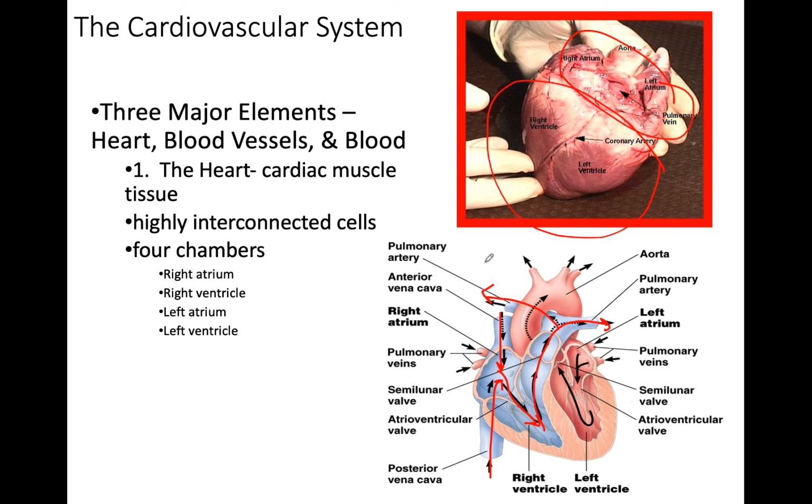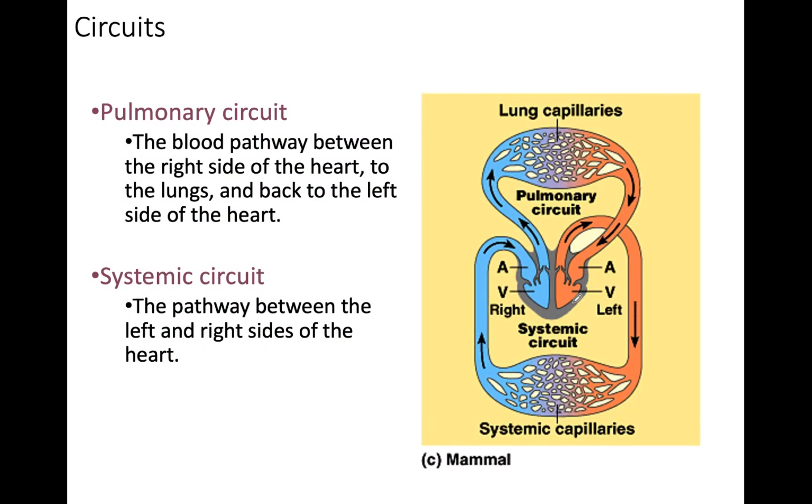From the lungs, we drop off carbon dioxide, pick up oxygen, and bring that blood back in through the pulmonary veins into the left atrium, down to the left ventricle, and up and out of the aorta. So make sure you remember that blood flow. If not, you have to go ahead and review it because you're going to need to know it to understand the electrical conduction system of the heart.